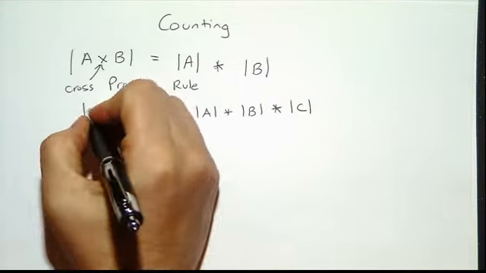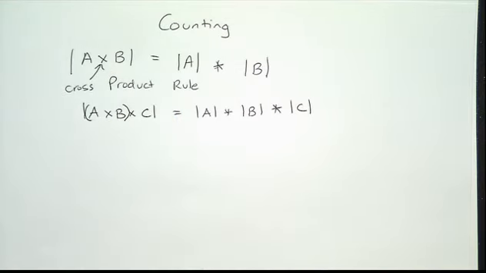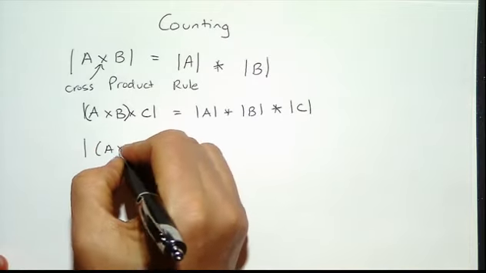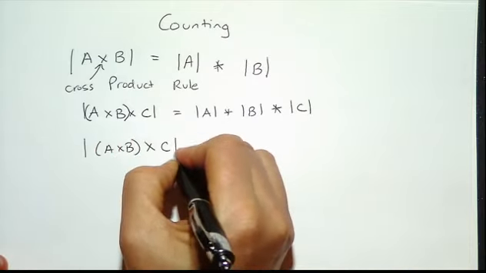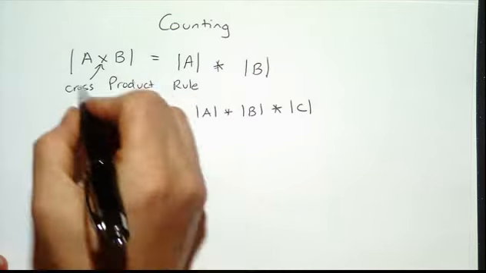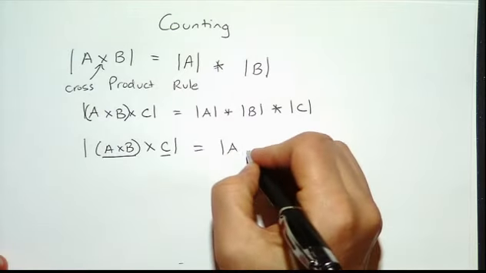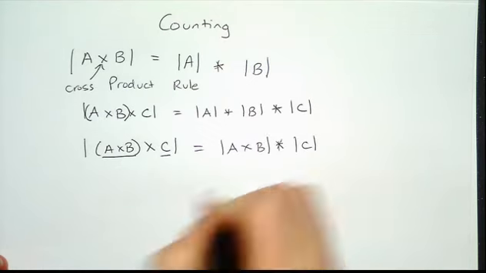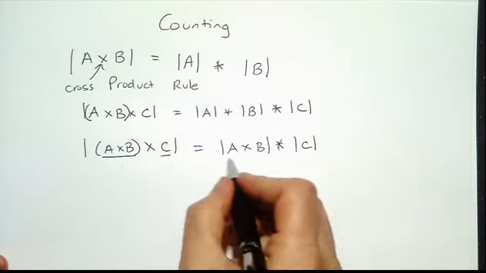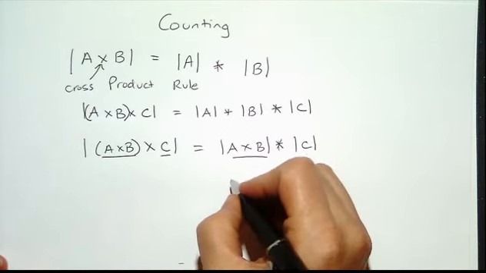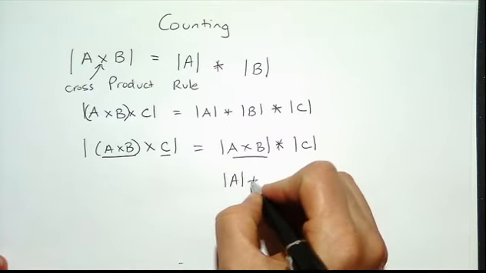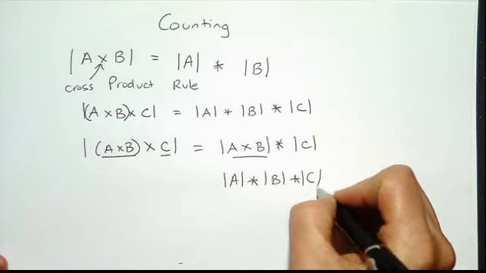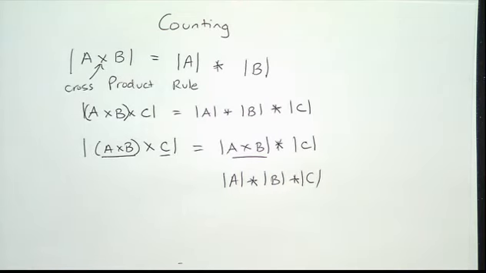So A cross B cross C: I just draw parentheses around A cross B. Using the first rule above, that gives me the size of A cross B multiplied by the size of C. Then I can apply the rule again: the size of A cross B is the size of A times the size of B, and then we copy down times the size of C.